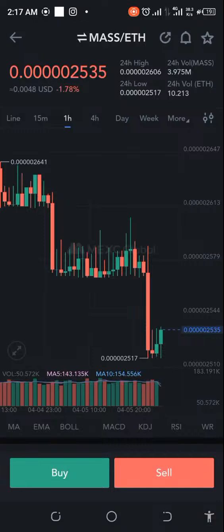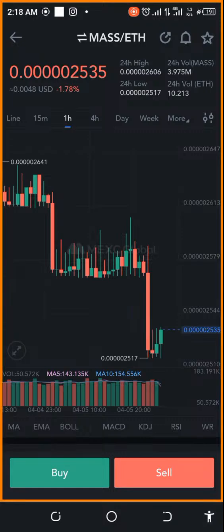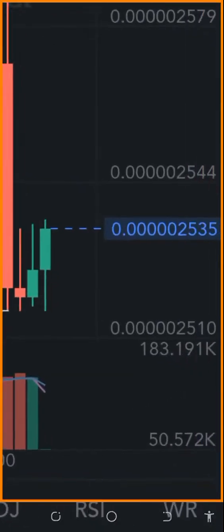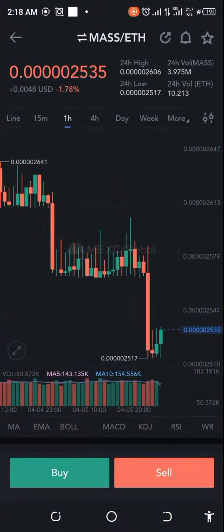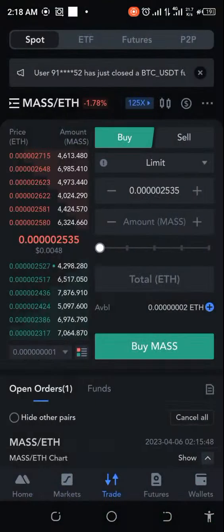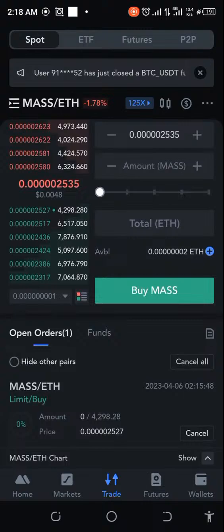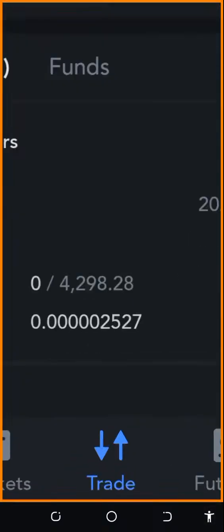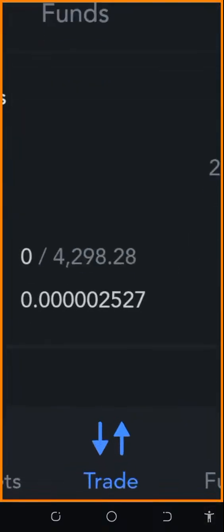It's actually pumping. That means that we really need it to go back a little downwards, because it's 2535 now. What we wanted to buy, we bought at 2527. So this has to go down to 2527.